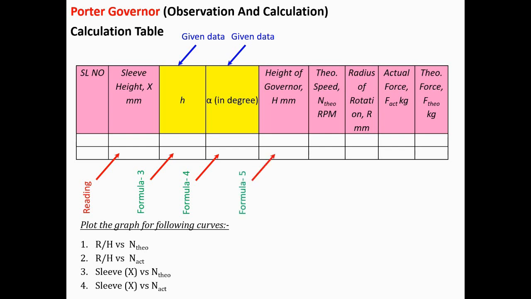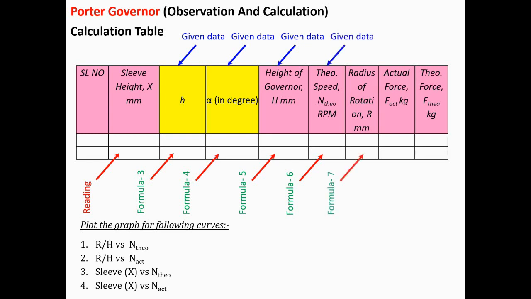Height of the governor, h in millimeter, you can calculate using formula number 5 as well as given data. Theoretical speed, you can obtain through formula number 6 as well as given data.